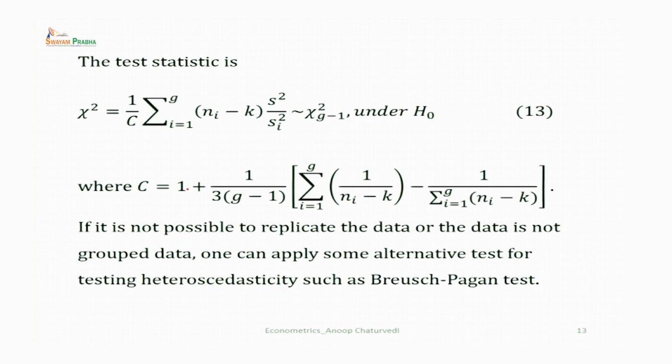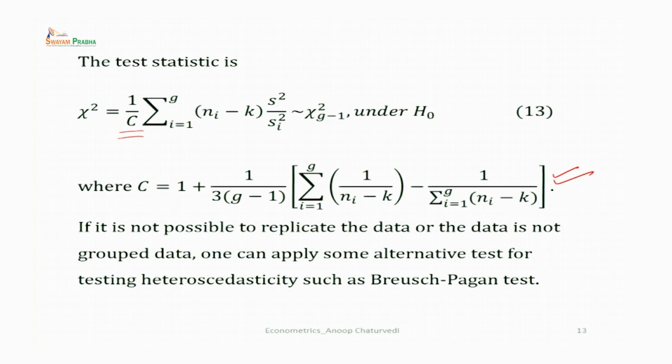Here C is equal to 1 plus 1 upon 3 times g minus 1, times summation i equal to 1 to g, 1 upon ni minus k, minus 1 upon summation i equal to 1 to g, ni minus k. So, this is the value of C which we can use here.